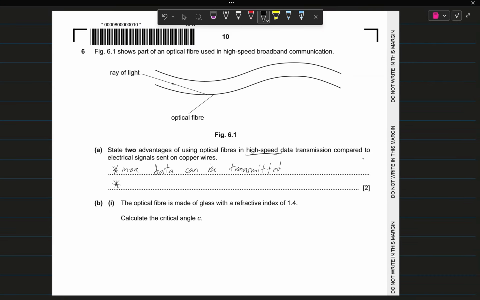And the other point that we can say is that less data can be lost. Like in copper, some data can be lost, but in optical fibers, less data can be lost. So that's the advantage also. Less data can be lost.